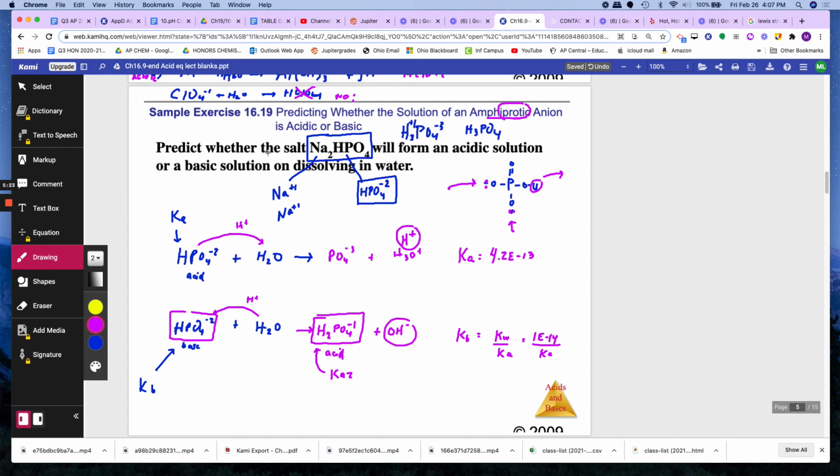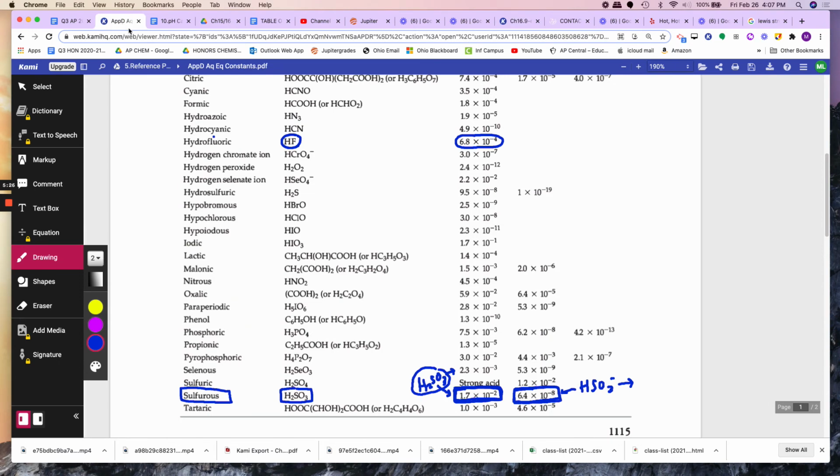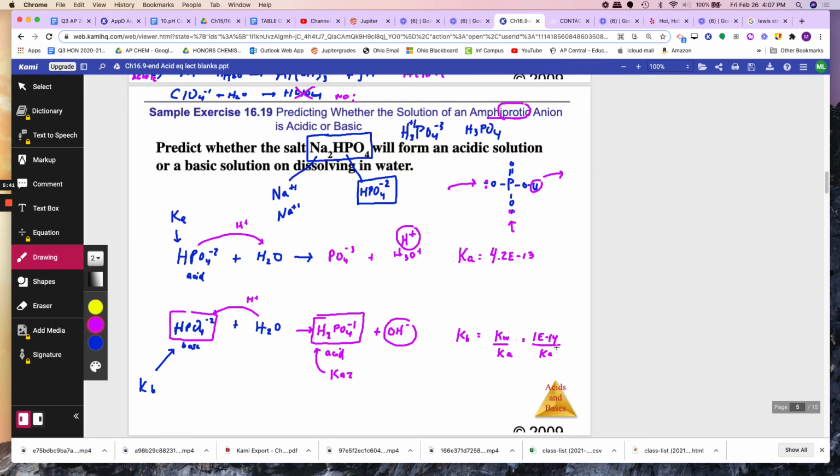So use the Ka2. Here's Ka2, 6.2e -8. So Kb will be equal to 1e -14 divided by 6.2e -8. Kb is equal to 1.6e -7.